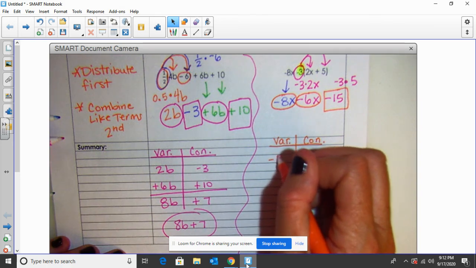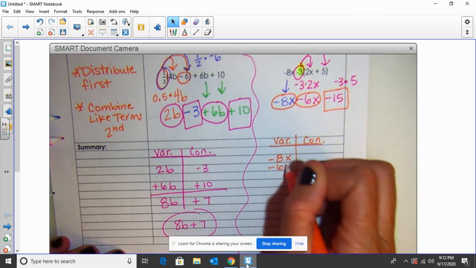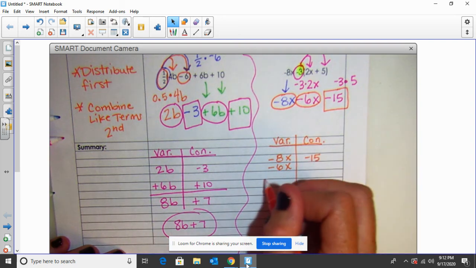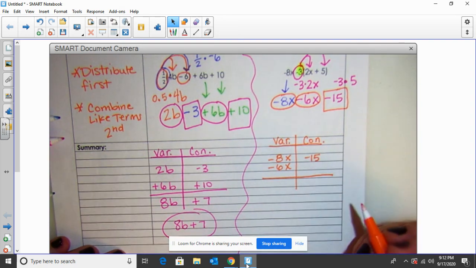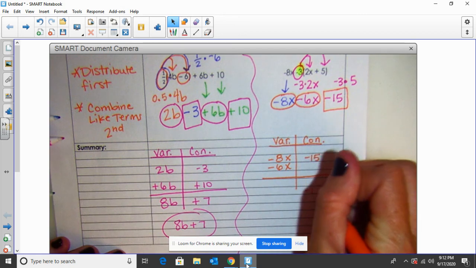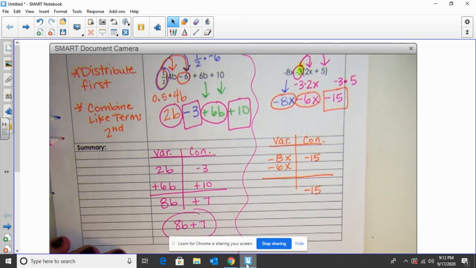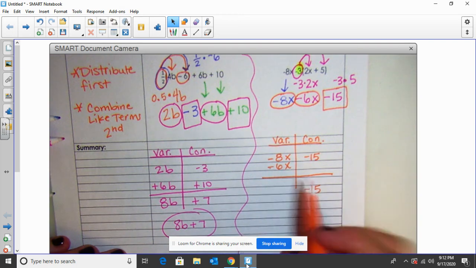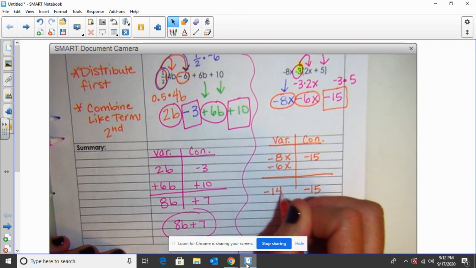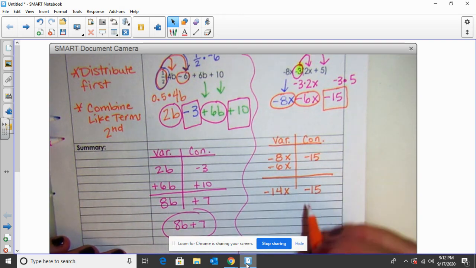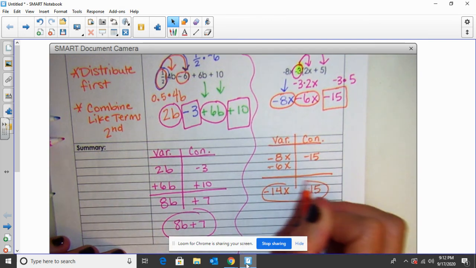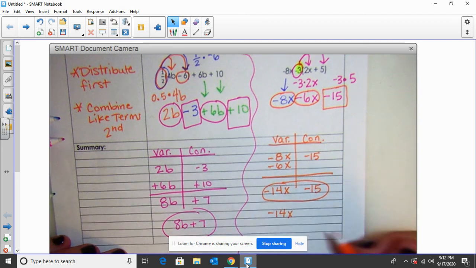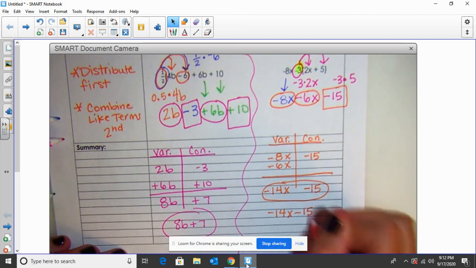My variables were -8x and -6x, and my constant, the only one, was that -15. So I know that this guy is going to be staying the same. In my calculator, I'm going to type in -8 minus 6, and I get -14x. So when I put these together, that's my final answer, -14x minus 15.